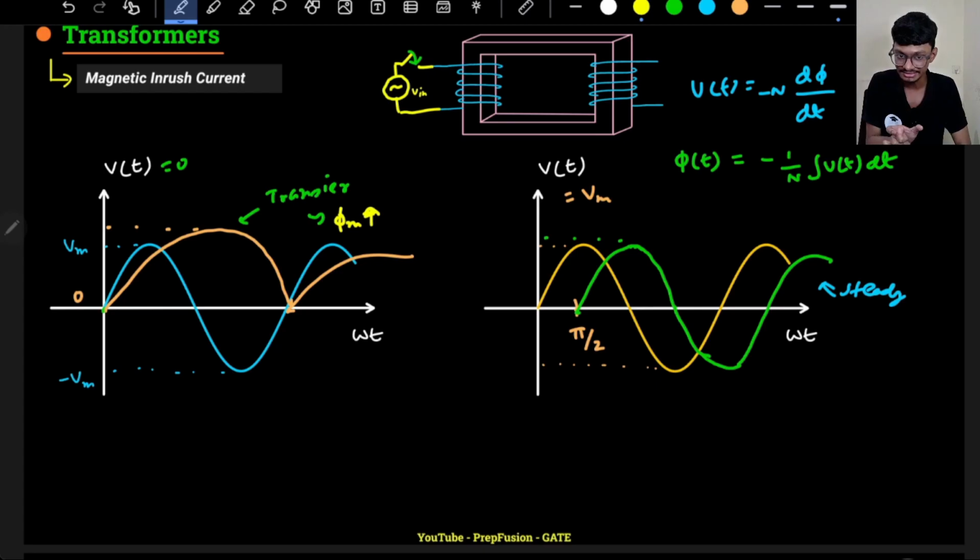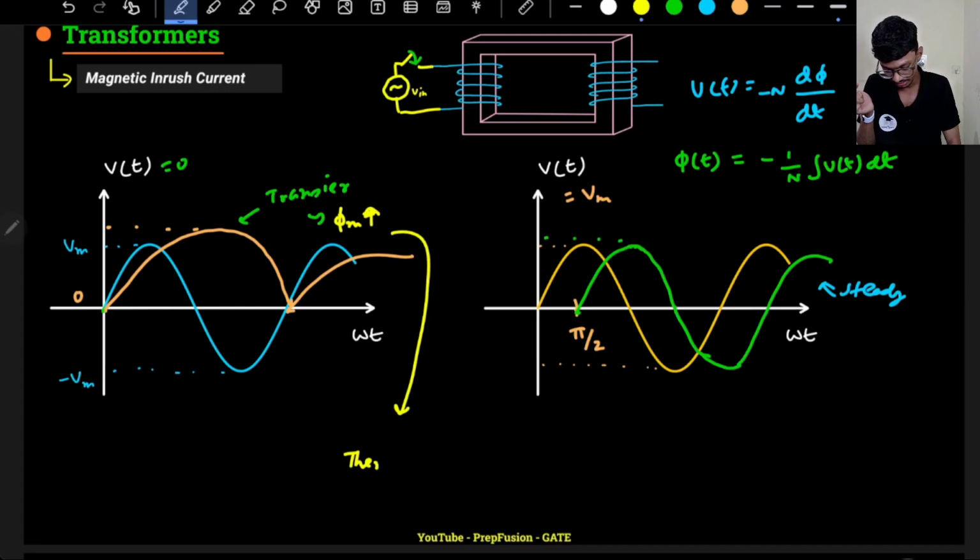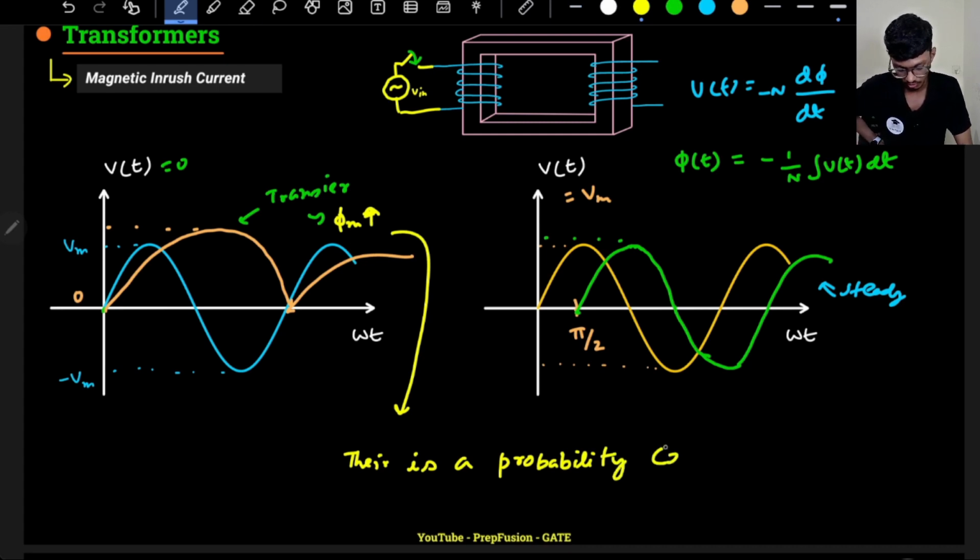If phi m is more in transient, that means what? That means there is a probability of the core getting saturated.